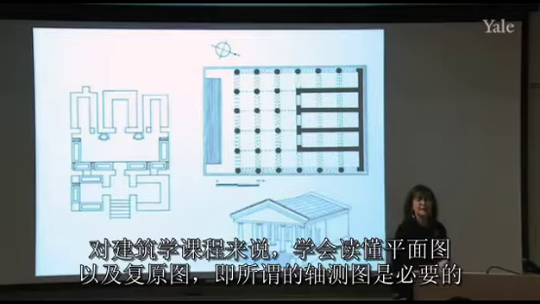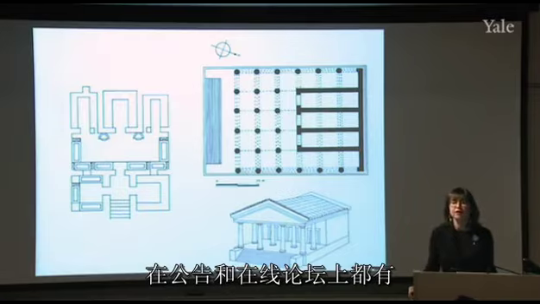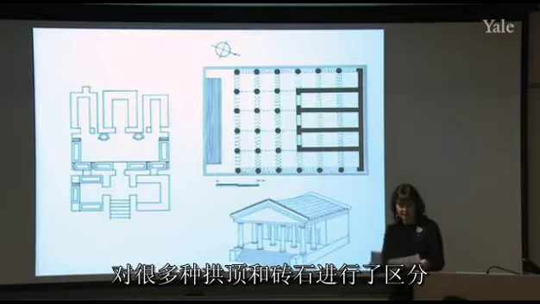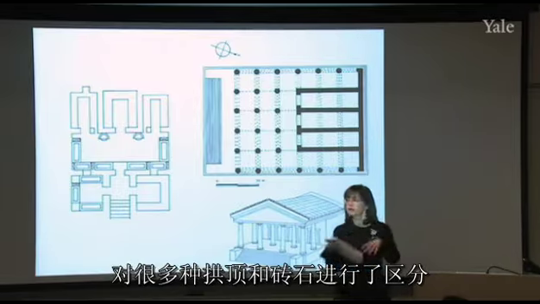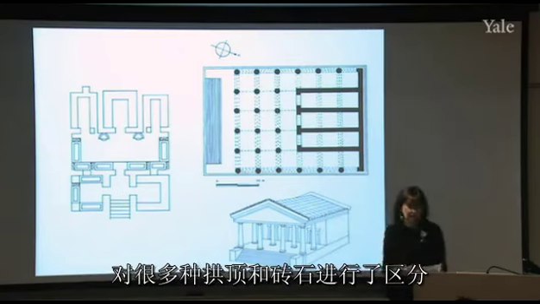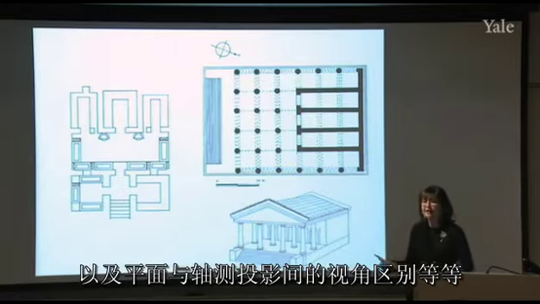I have put up on the website for this course, both under announcements and also in the online forum section, a couple of sheets that I think will be very helpful to you, that have terms and concepts. They show different kinds of vaulting and different kinds of masonry, and also tell you the difference between an axonometric view and a plan, and so on and so forth.